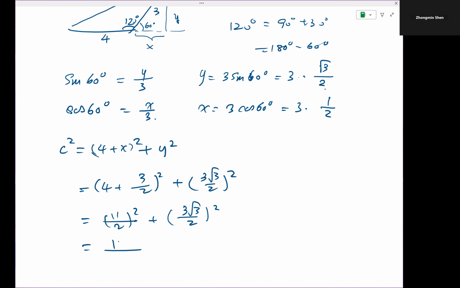That gives 121 over 4, and 9 times 3 is 27 over 4, right? So I got 148 divided by 4.